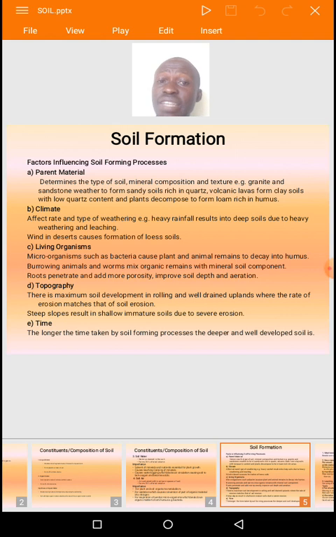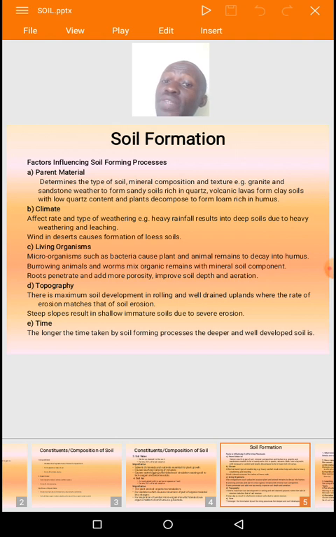They give examples that if the rock was granite or sandstone, these will weather into sandy soils, which have a lot of quartz. If it is volcanic lavas, they will form clay soils with low quartz.